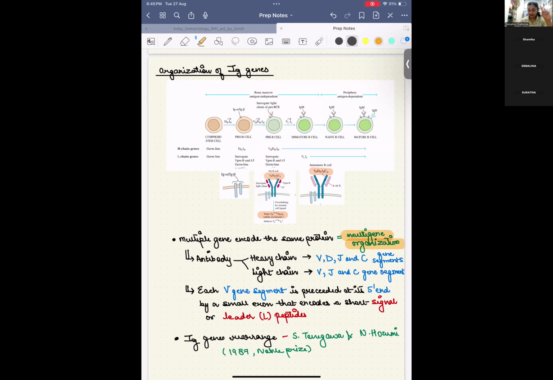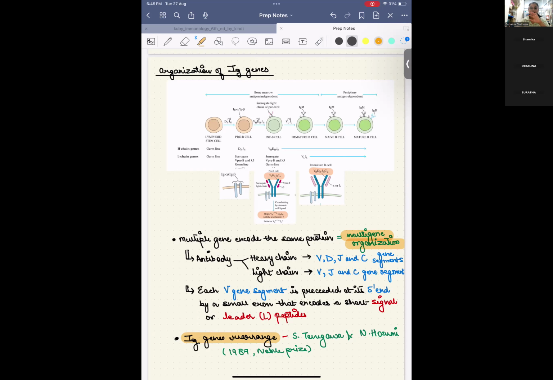The other is that the immunoglobulin genes get a chance to rearrange. Both of them in themselves were a big statement to make, because the one gene, one protein hypothesis was the most prevalent, most accepted hypothesis at that time.